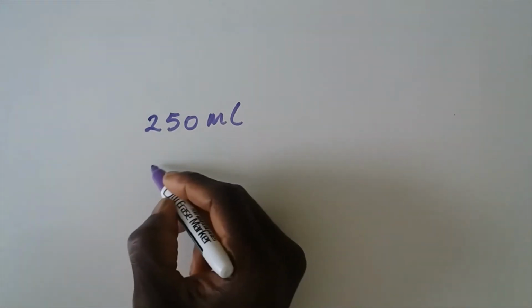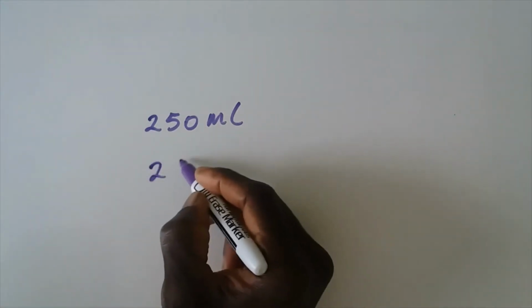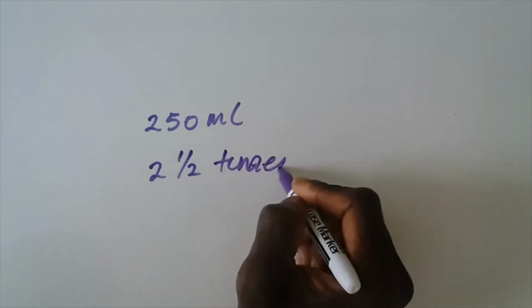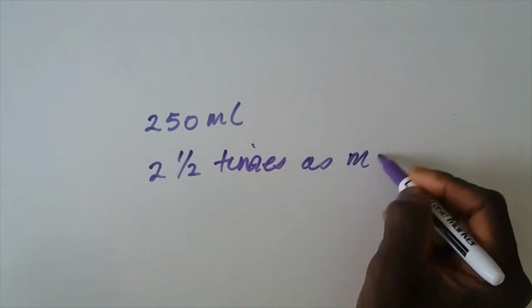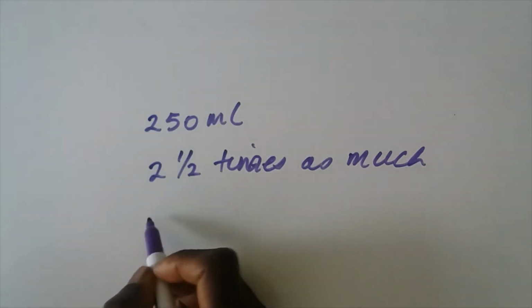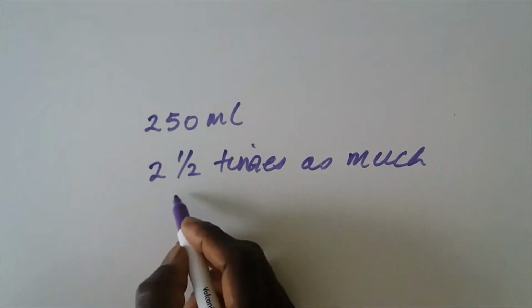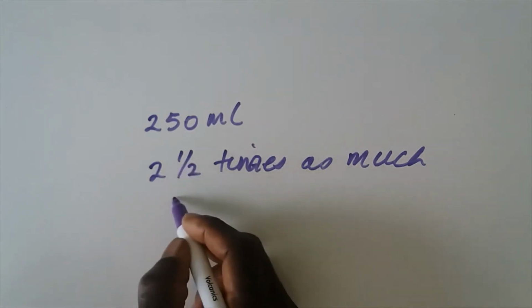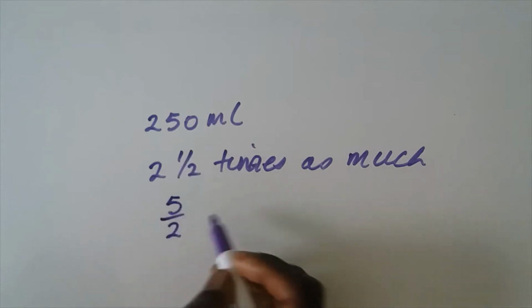So the larger bottle has 2.5 times as much. What is its capacity? So we can turn this into an improper fraction by multiplying 2 by 2, which is 4, add that 1, is 5, so it's 5 over 2.